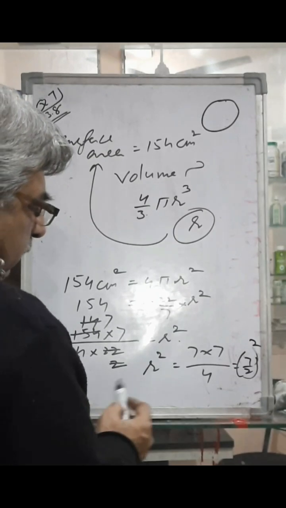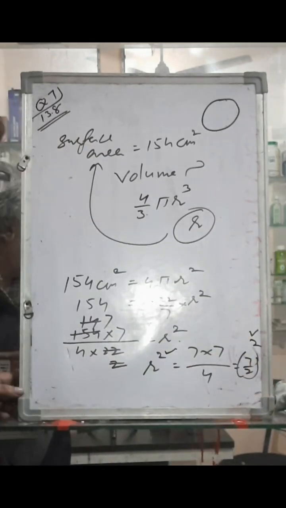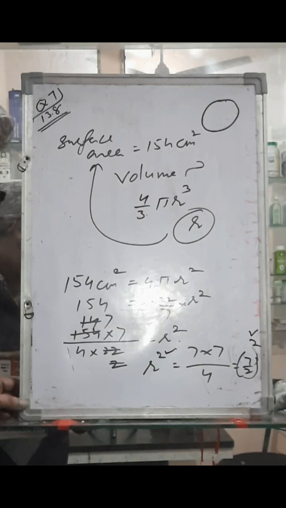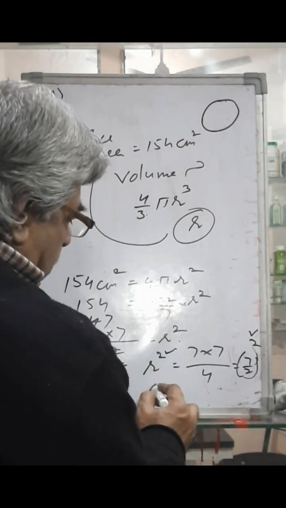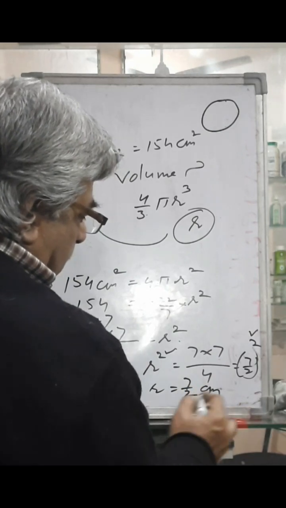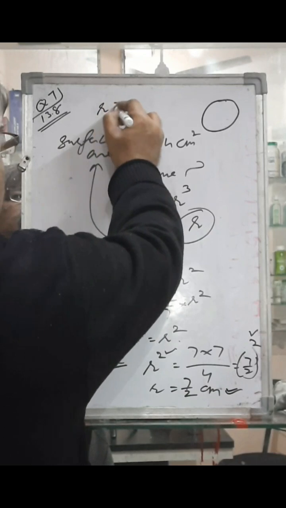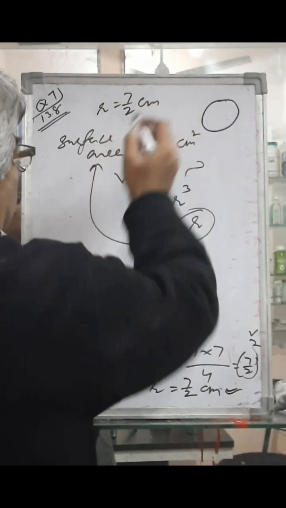So if the exponents on both sides, left and right sides, are equal, it means the bases are equal. So r is 7 by 2 centimeter. The value of r is 7 by 2 centimeter.